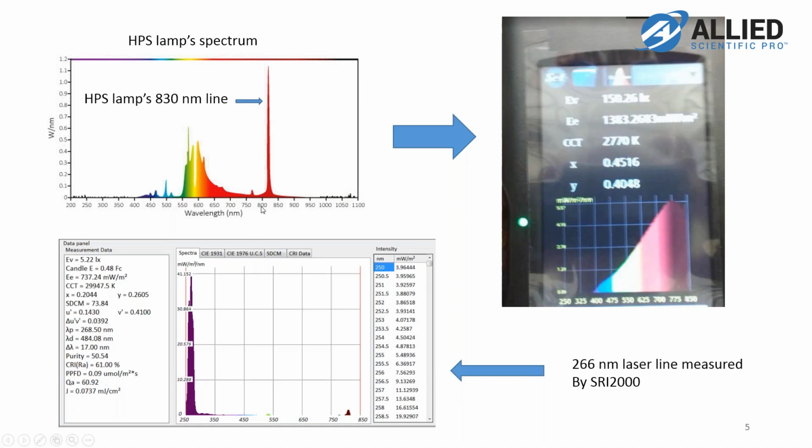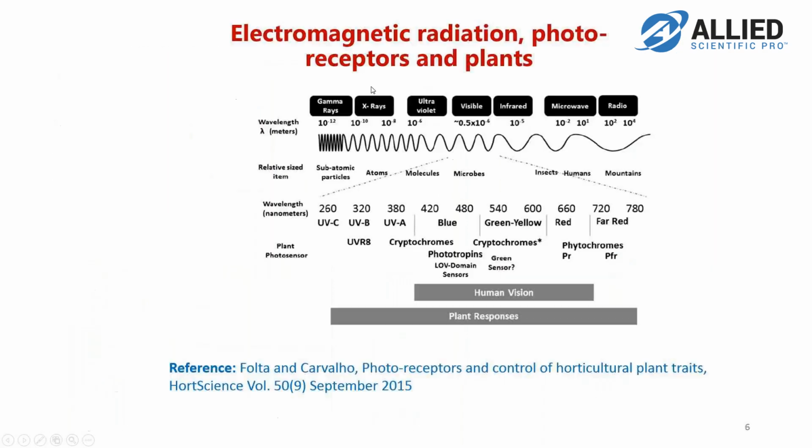Some cultivators want to use UVB, especially for cannabis, because UVB has some benefits to produce additional THC. So this spectroradiometer is quite useful for measuring the wavelength and intensity of light in a wider range. Now let's talk about electromagnetic radiation, photoreceptors and plants.